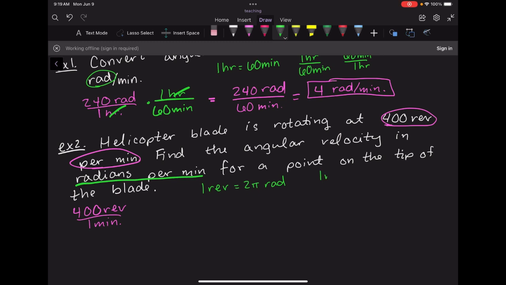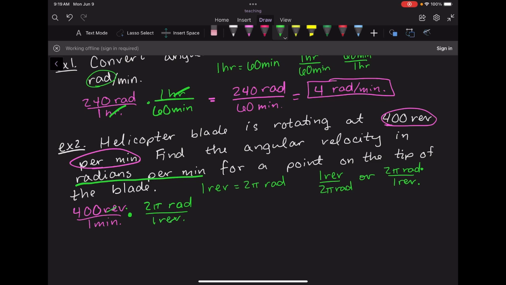Now we have to decide, do we want it as 1 revolution over 2 pi radians, or 2 pi radians over 1 revolution? Which conversion is going to be helpful to us? Since it says in radians per minute, that means we want radians at the top. And then also we need to cancel out revolutions. So we want our revolutions at the bottom so that it cancels out. So I'll multiply by 2 pi radians over 1 revolution.